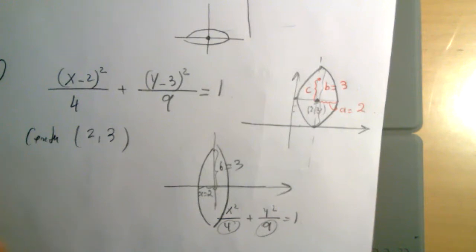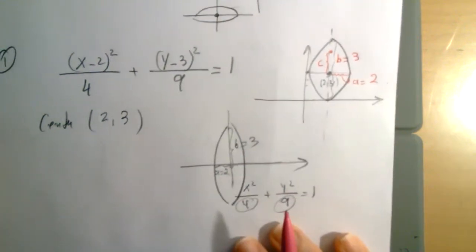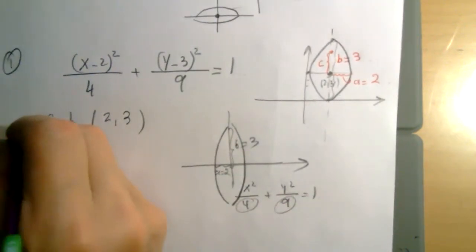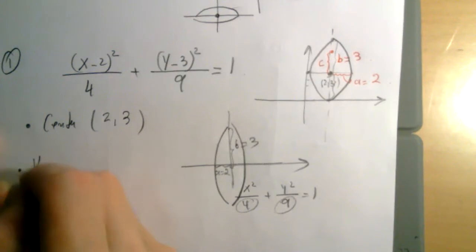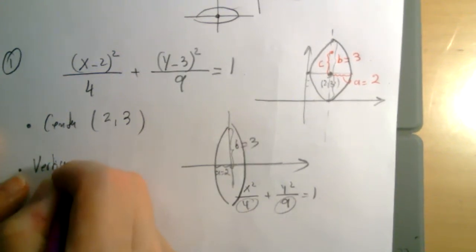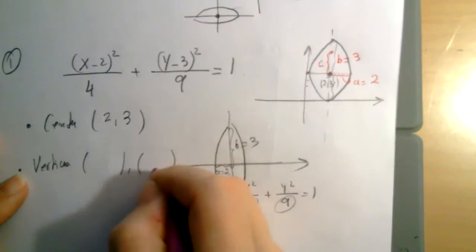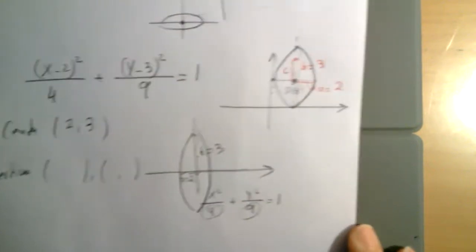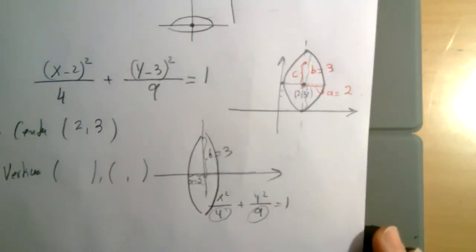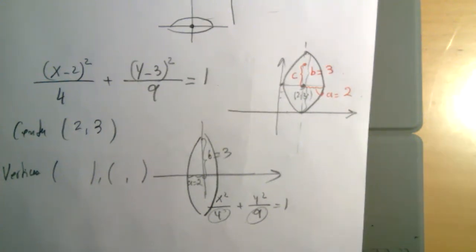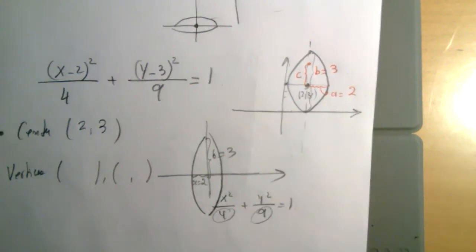Now, can I find everything I want? I will ask you now the questions. Try to work with me. Question number 1 to you is the following. What are the vertices? Can anybody give me the vertices here? Sarah, you tell me (2, 0) and (2, 6).